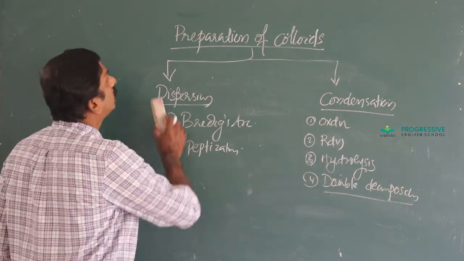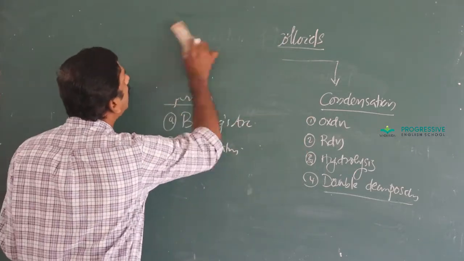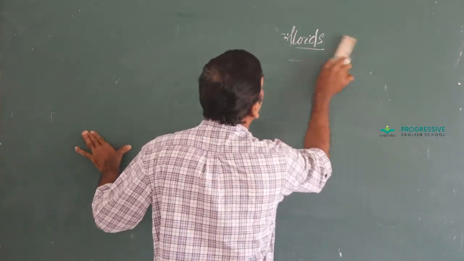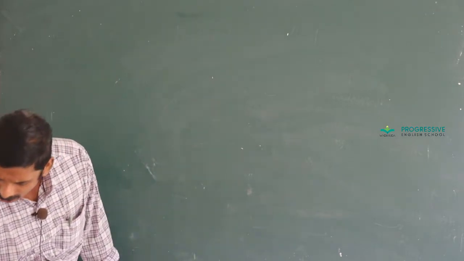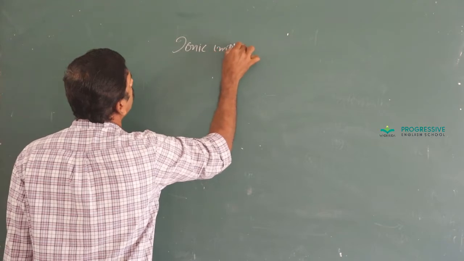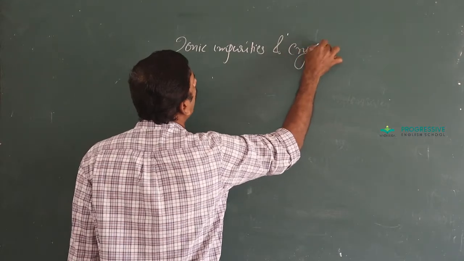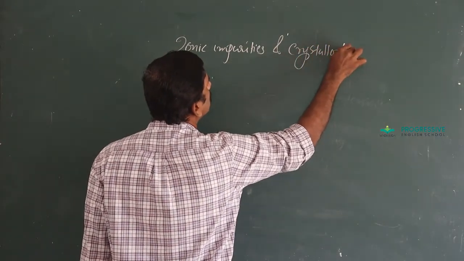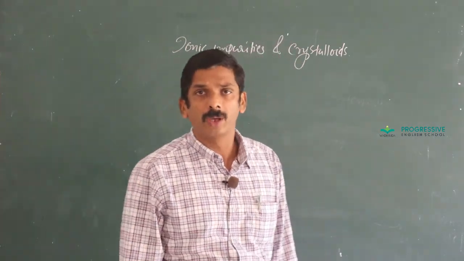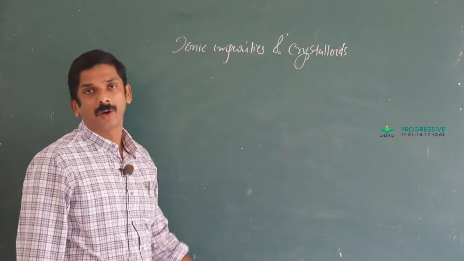Next, colloid prepared by this method, dispersion as well as condensation method, is usually contaminated with ionic impurities and crystalloids. Colloids prepared by these methods are not pure. That is, mostly they are contaminated with ionic impurities and crystalloids.